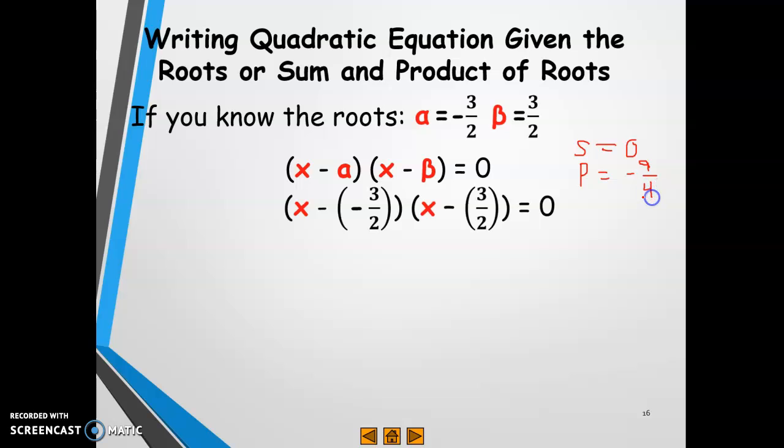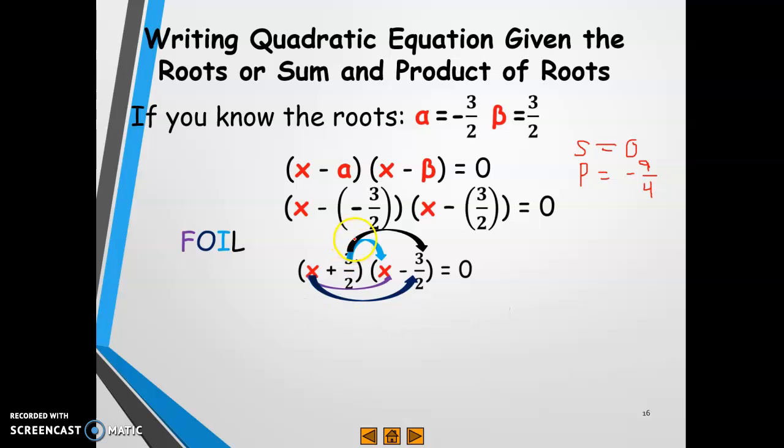So now, if we use the first method we have here, we just simply replace the values. This one will be changed to positive, and then this one we just copy. We have x plus 3 over 2, and then this one is x minus 3 over 2. So we use the FOIL method.